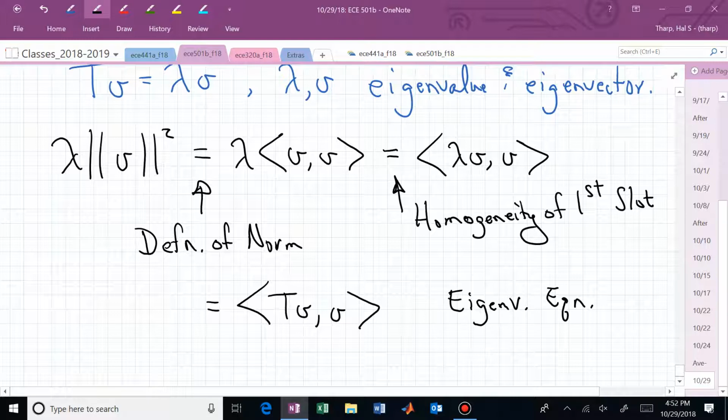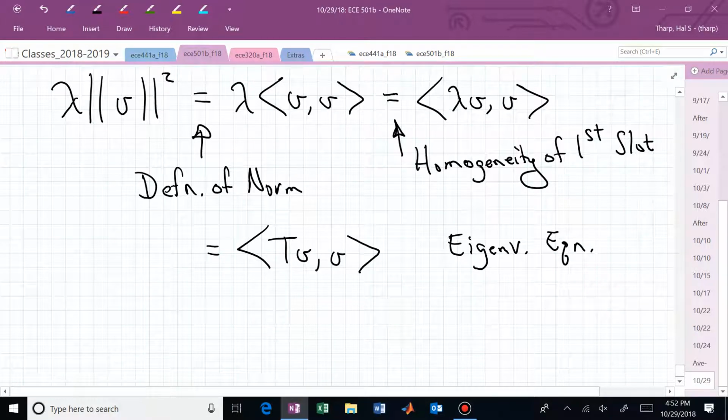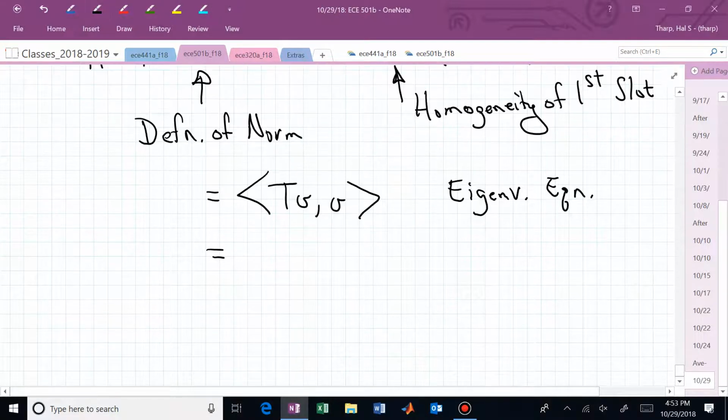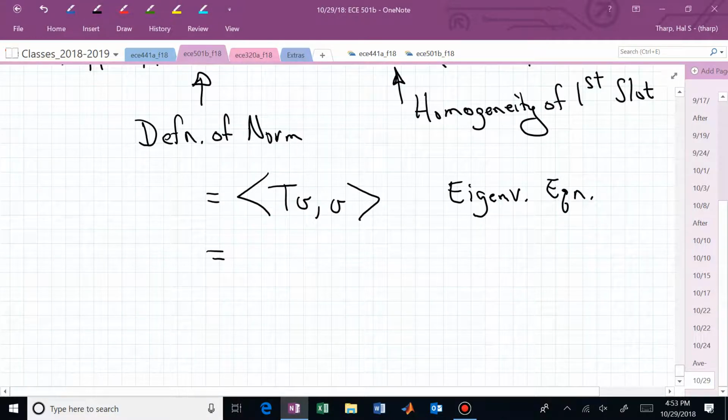And now I know what? Oh, I have an operator in the first slot, and what have I been playing with up to this point? Adjoints. So can I somehow move that operator to the second slot? Sure. By applying in the second slot the adjoint of T. So that now I have v inner product with T dagger v.